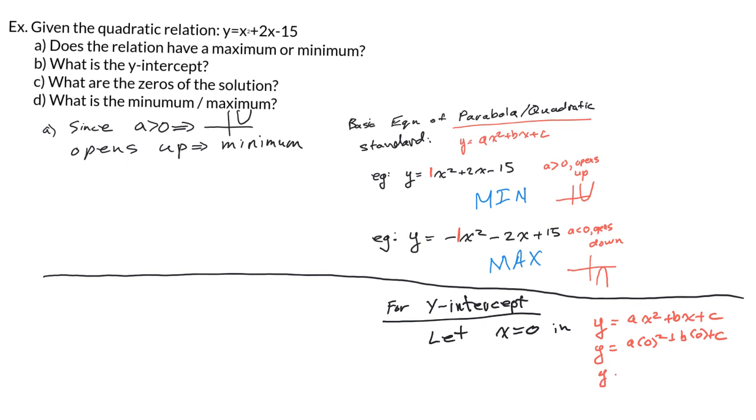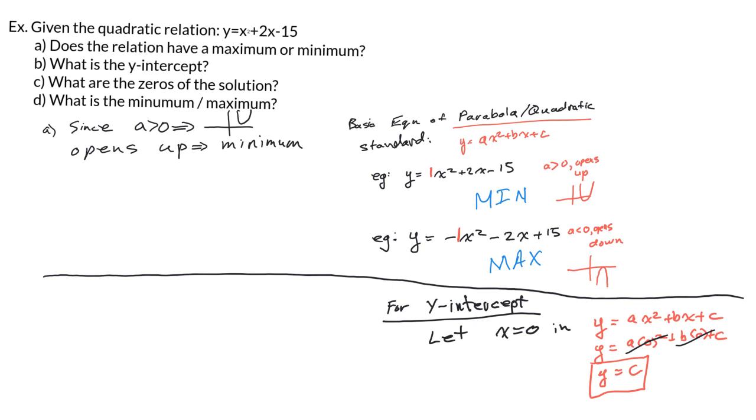What the heck? So in this case, 0 times anything gives 0, so that's gone. And this goes away as well. So in the end, we always have the c value. So this means the y-intercept is the constant term. So otherwise, we always just have to let x equal 0 and find our answer.